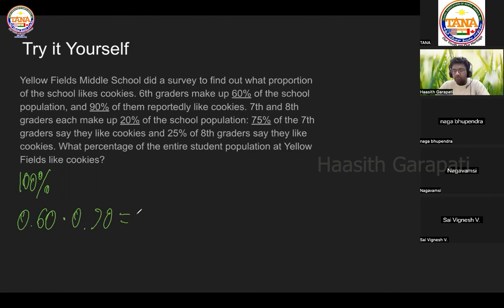It equals 0.54. So that means that 54% of the population in the school is sixth graders who like cookies. So this is equal to the proportion of sixth graders who like cookies.